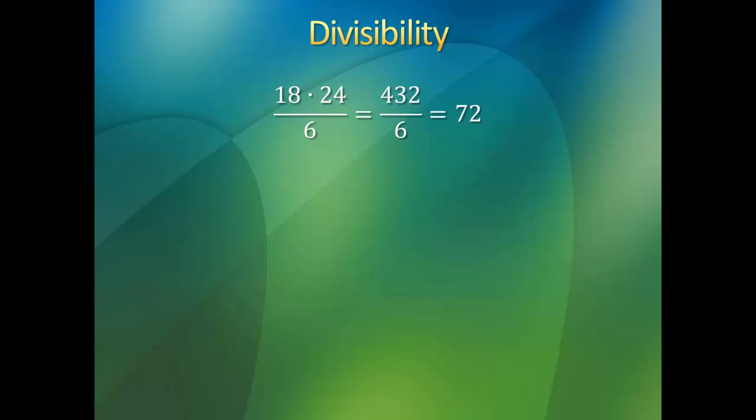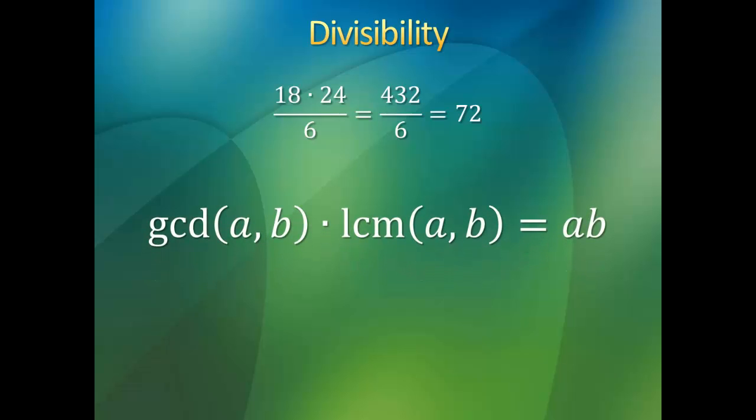So an interesting identity to note is that the greatest common divisor of two numbers times the least common multiple of those two numbers is equal to the product of those numbers themselves. The greatest common divisor, in a way, tells you what two integers have in common. Now, as you probably know, 1 will be a divisor of any integer.